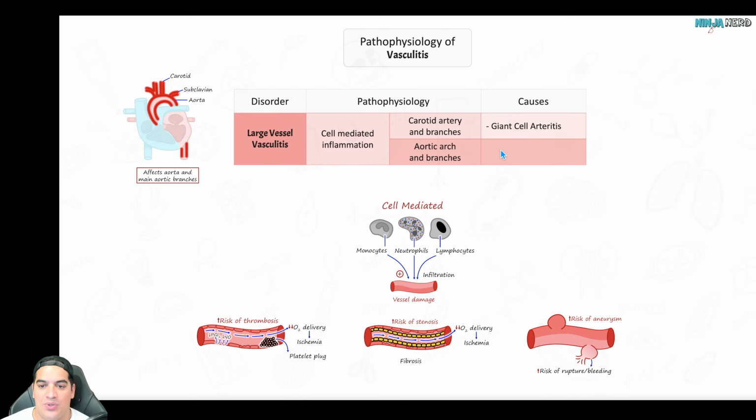If that's the case, we're talking about another type of large vessel vasculitis called Takayasu's. So we can differentiate these two types of large vessel vasculitis based upon the more predominant arteries and branches that they're going to be affecting, even though the mechanism of inflammation may be relatively the same.